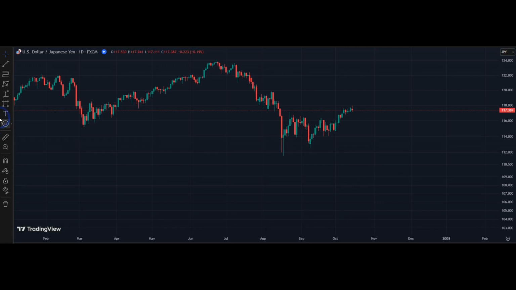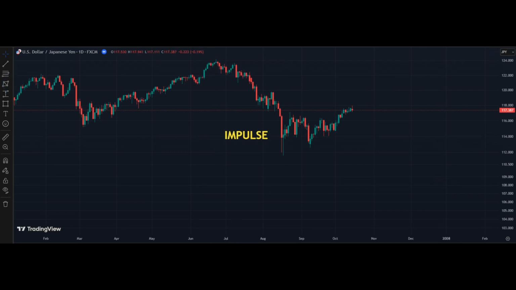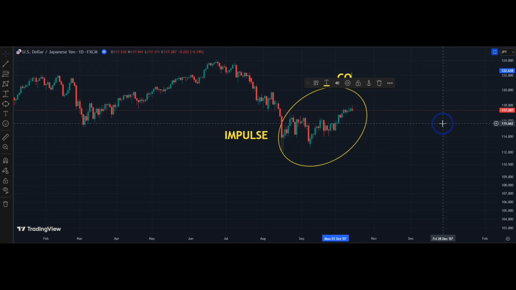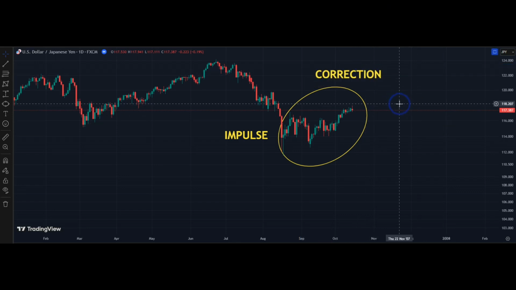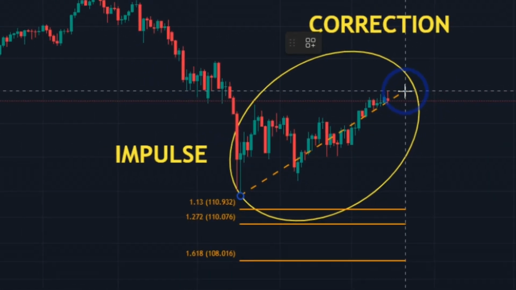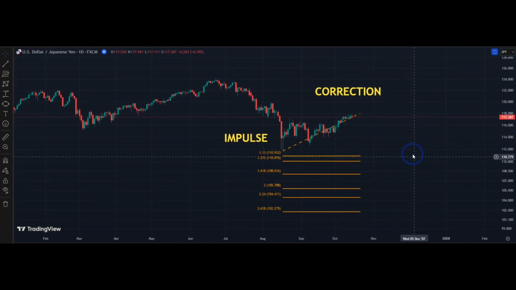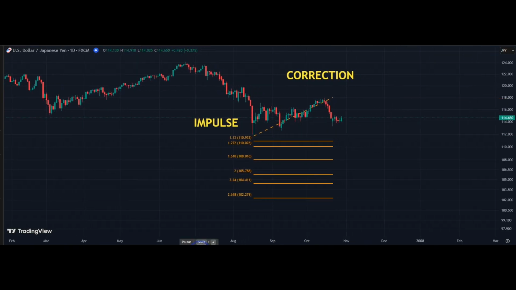In this downward move, as you can see, we have an impulse leg followed by a corrective leg. To determine the price target, we can use the Fibonacci extension tool. The first click goes at the beginning of the corrective leg, and the second click goes at the end of the corrective leg.